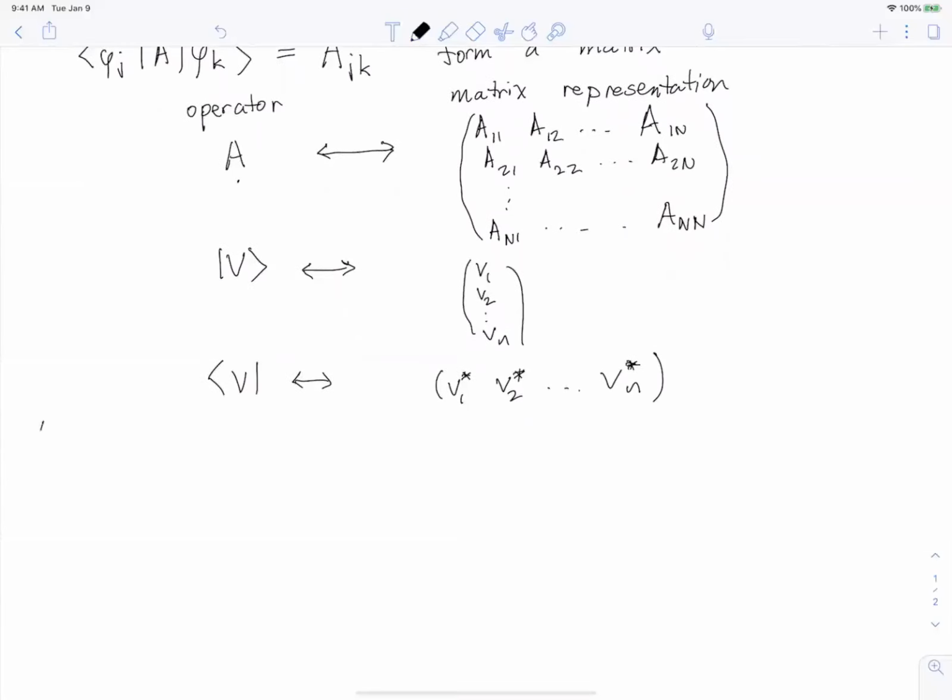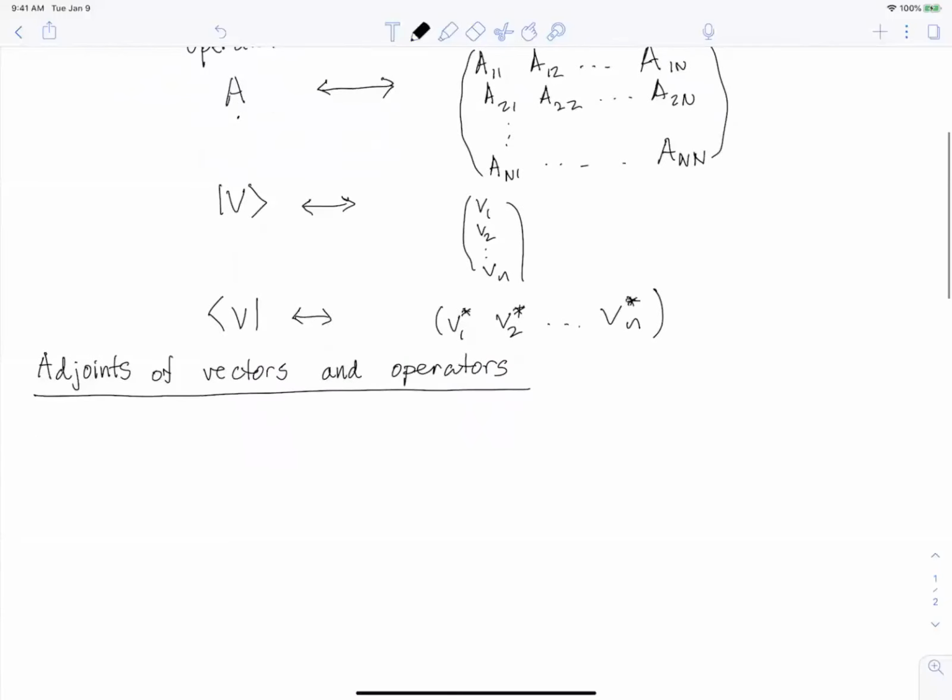So this leads to the concept of adjoints of vectors. Vectors means now a bra or a ket, and operators. Okay, so the adjoint of a ket V is just the corresponding bra, which we write like this.